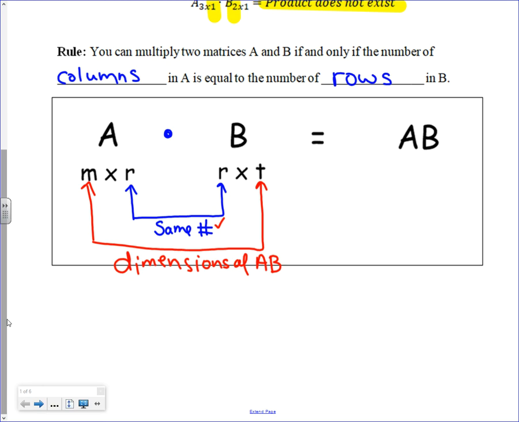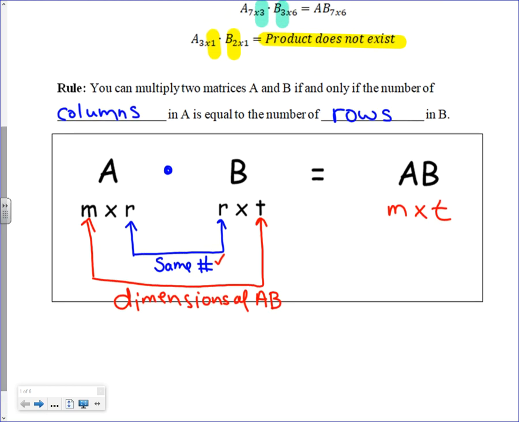So the dimensions of AB would be an M by T matrix. So this is really important that you know this rule. Right, we're going to practice it now. We're going to see how you can multiply two matrices together.